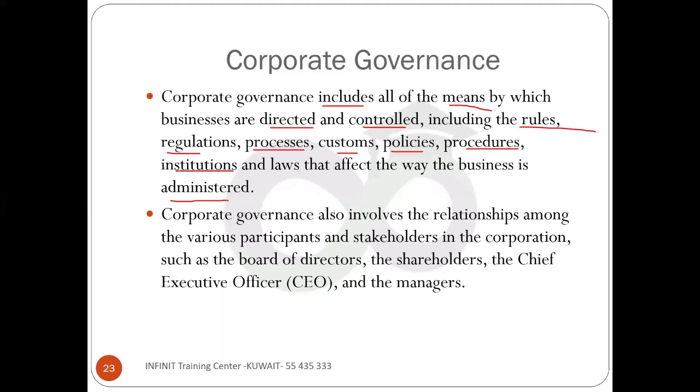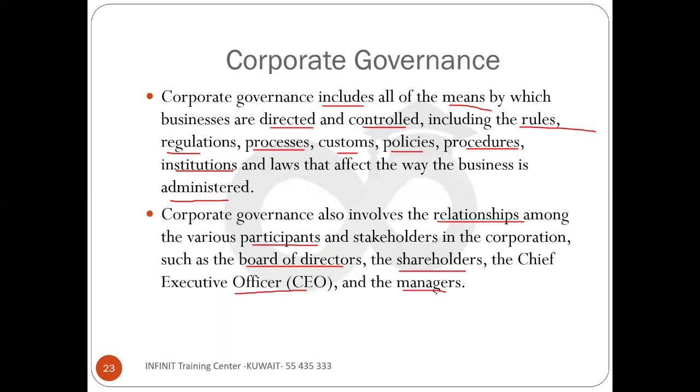Also, corporate governance involves relationships among various participants and stakeholders, such as the board of directors. What are the duties of the board of directors? Then shareholders, CEO, and managers.